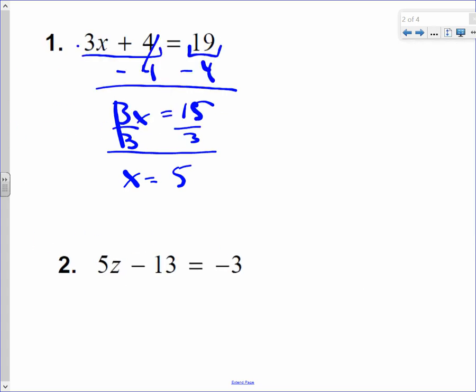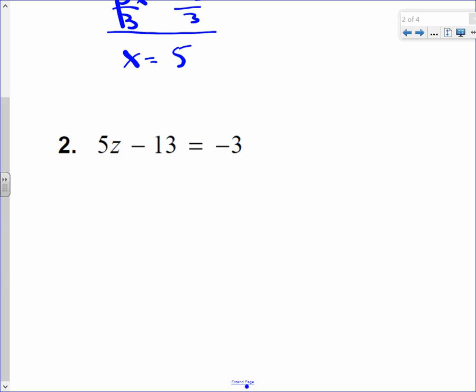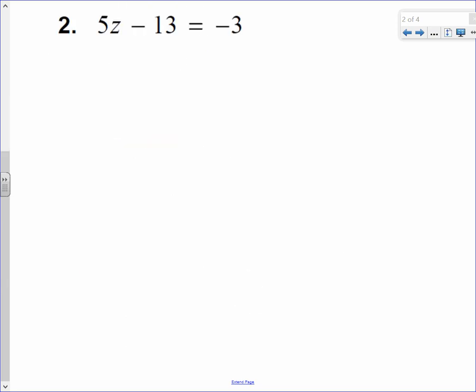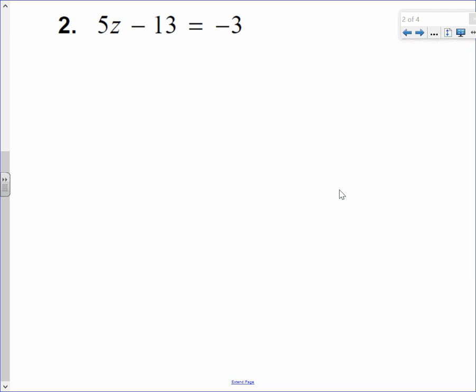Any questions over here? We're good? So we're on number 2. What side is the variable on this one, the left or the right? Awesome. So, can I simplify the left side? Someone besides Bowden. Can I simplify the left side? Why not?